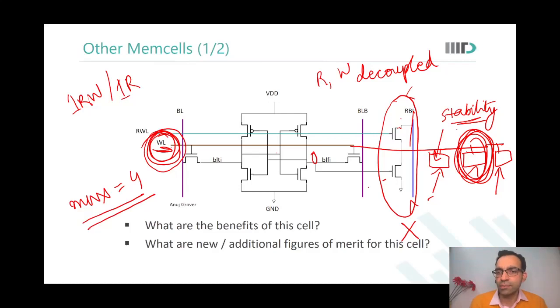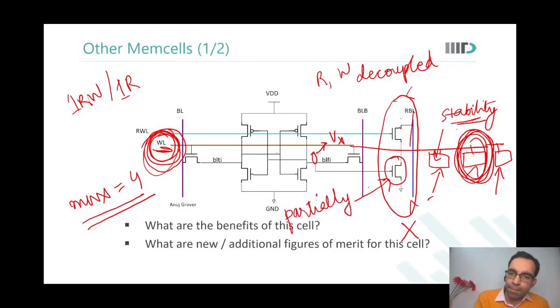Now, if my word line is also selected, then this 0 goes to VX. So this NMOS turns partially on. So there can be some current it can sink.